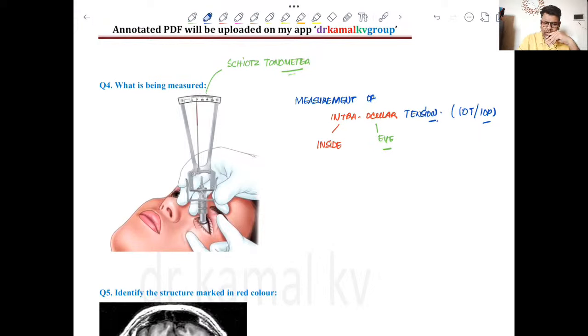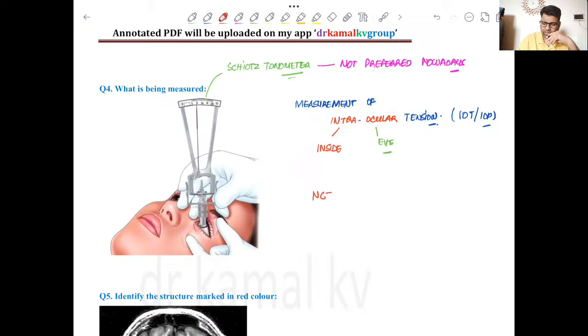It is not preferred nowadays. Clear? Nowadays we use non-contact tonometry, NCT, meaning we don't contact the eyeball, and the better one is, of course, the applanation tonometer.